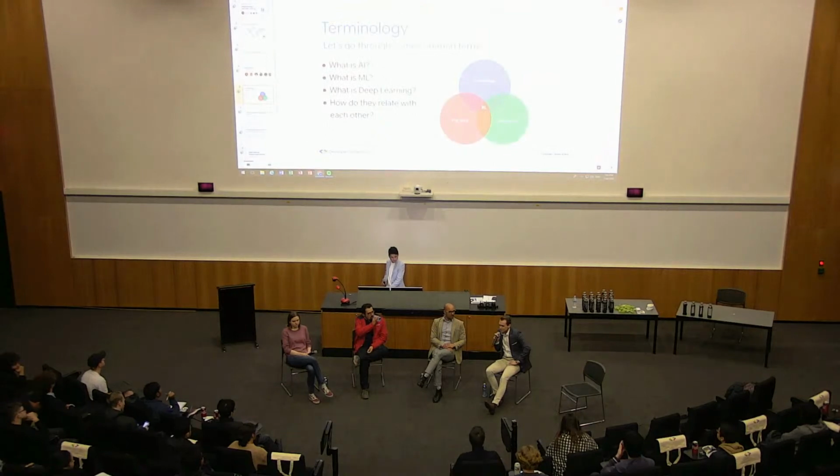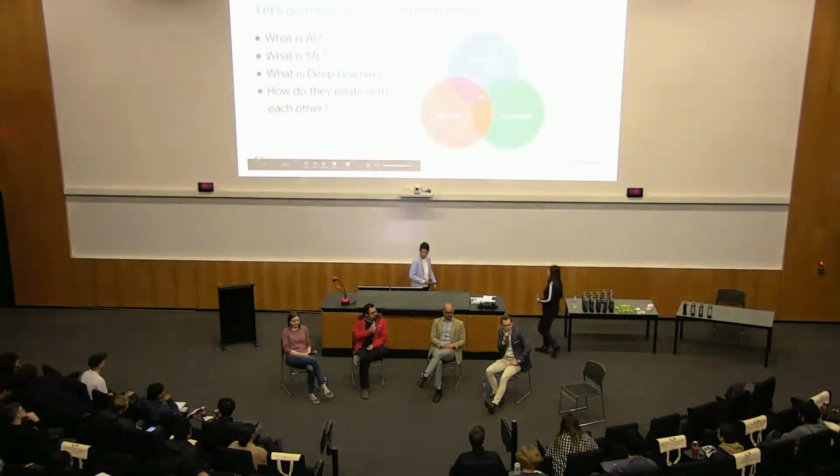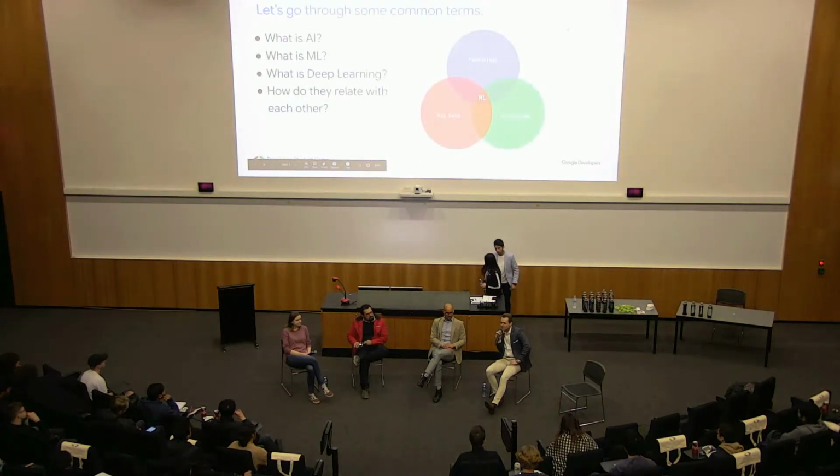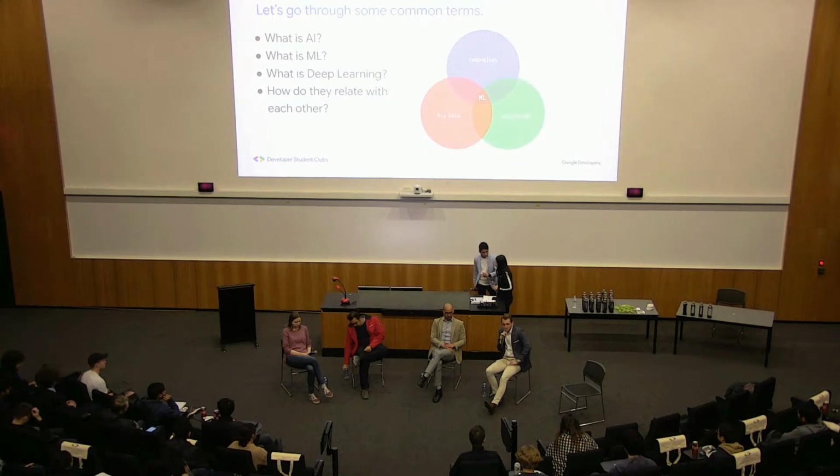About deep learning, and also jumping ahead to the question on how they relate, just to summarize a bit. I'll bring the slide up. AI is the general goal: we want computers to be like humans. Machine learning is a step in that direction, where we're not explicitly programming computers to solve particular problems. We're allowing them to learn from data from these problems, in very closed settings as well, though.